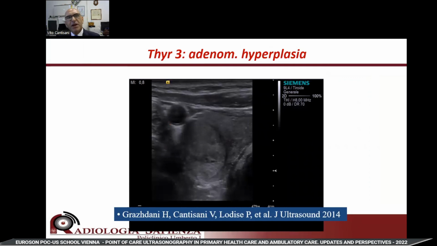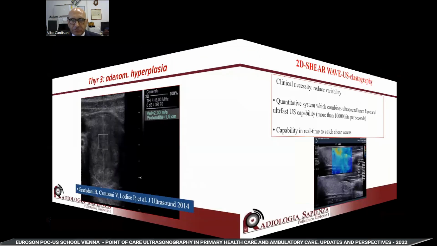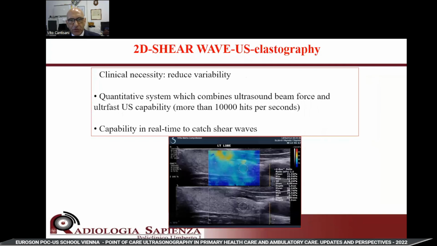There are some of my experiences already published. In this case, we put one ROI with single point shear wave, and at the end we obtain a measurement. With 2D shear wave we have polychromatic maps.